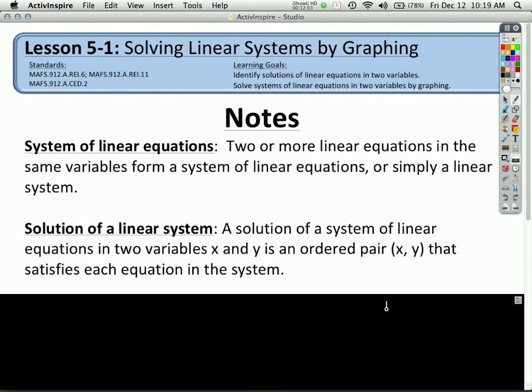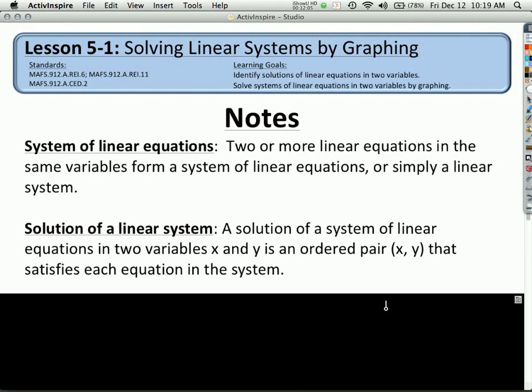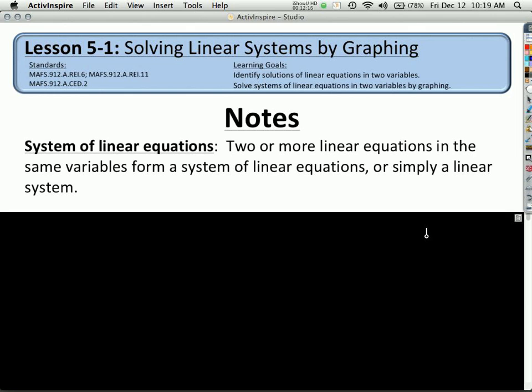So now let's talk more formally about what it is we're going to be exploring. Remember, these are notes. This is not something you copy word for word. A system is 2 or more equations, 2 or more linear equations. We're talking about lines, 2 or more lines.